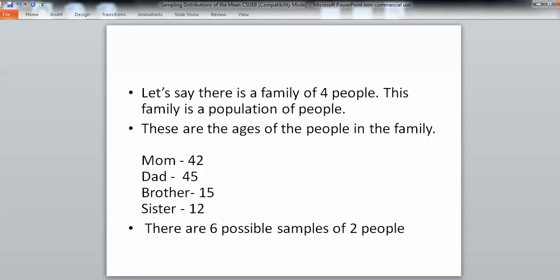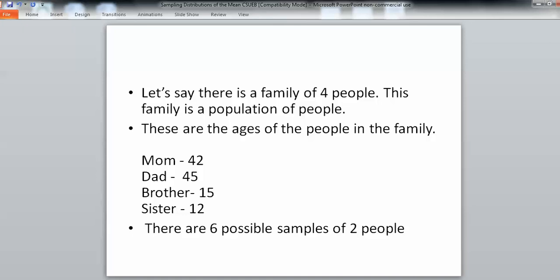I only have enough time to recruit 2 of the 4 people, meaning I only have enough time to collect data from 2 people in this population, which means I'm going to end up recording 2 ages, and those 2 ages will be my data set that I've recorded from my sample.